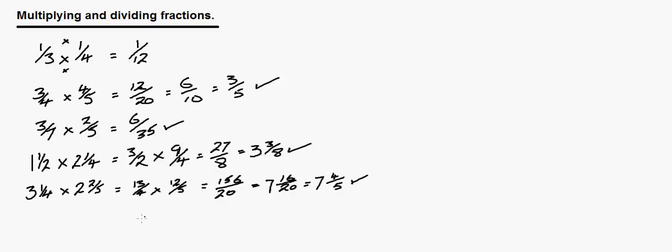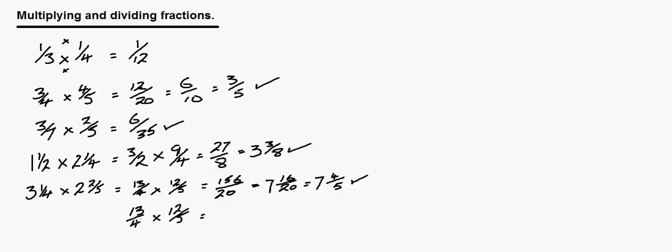Now here I could have made things a little bit easier on myself. If I had 13 over 4 multiplied by 12 over 5, I can cancel top to bottom, and I can cancel diagonally.